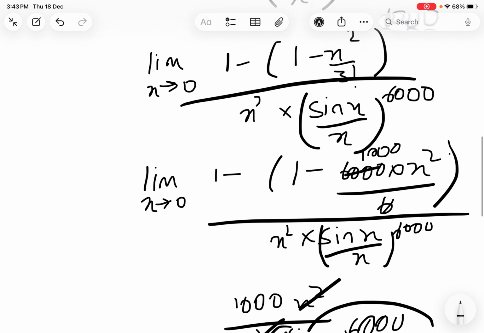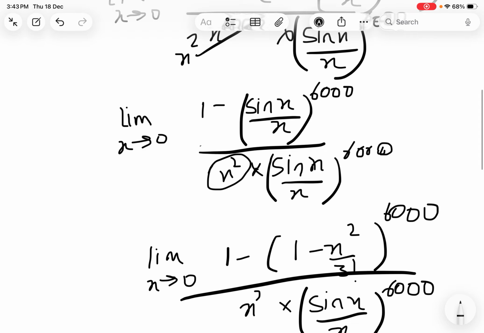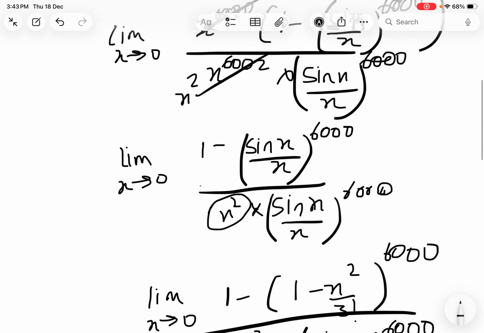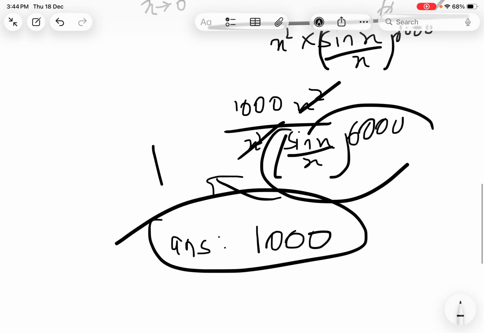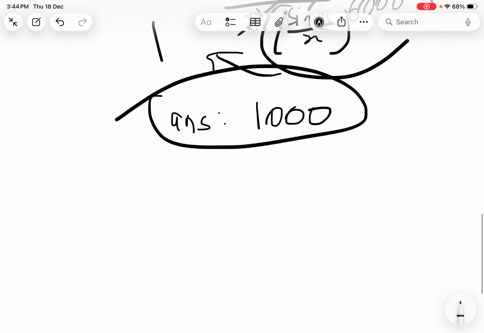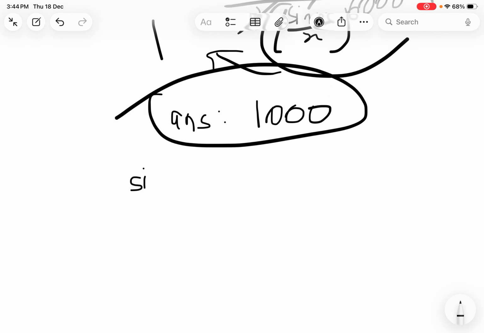So this was this question, a very interesting question. Here we need to remember the two results. One was the sine x expansion. The question is over, but I can tell you the basic expansions. So sine x becomes x minus x cube by 3 factorial plus x5 by 5 factorial, and so on.